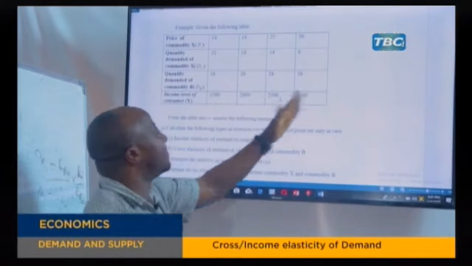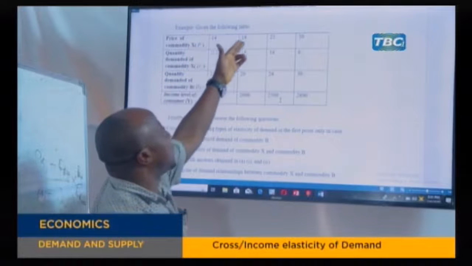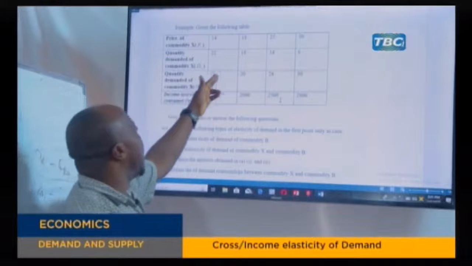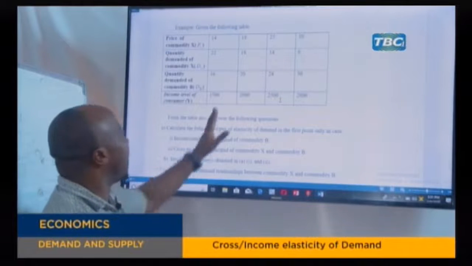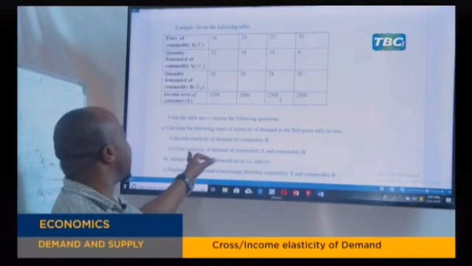If we go to the other point, that is not the first case. So the first point means when price changes from here to here. So we can note the information there, then calculate cross elasticity, part 2.